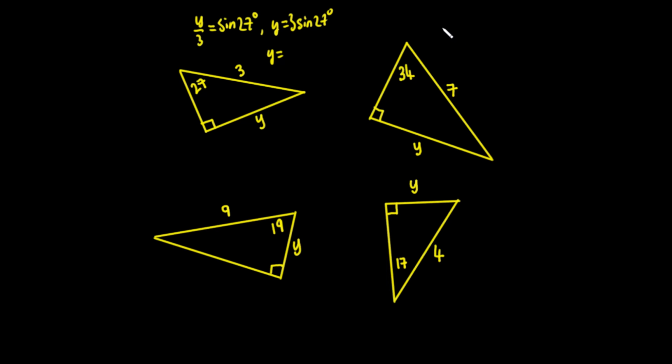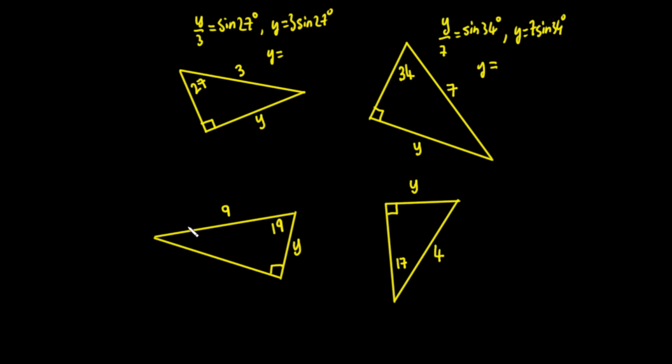So we can say that the value of y divided by 7 is equal to the sine of 34 degrees. So therefore we can say that y is equal to 7 times the sine of 34 degrees. So if you put in 7 sine 34 degrees into your calculator, you'll get the value of y.